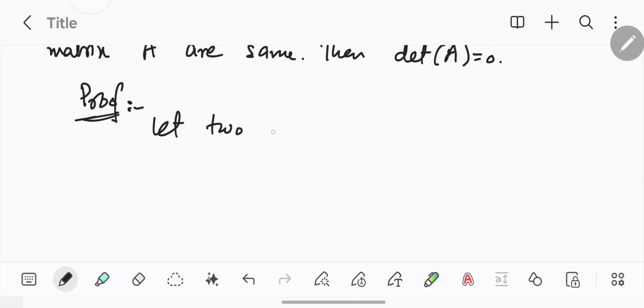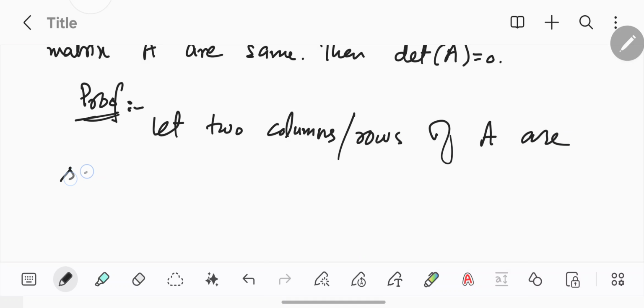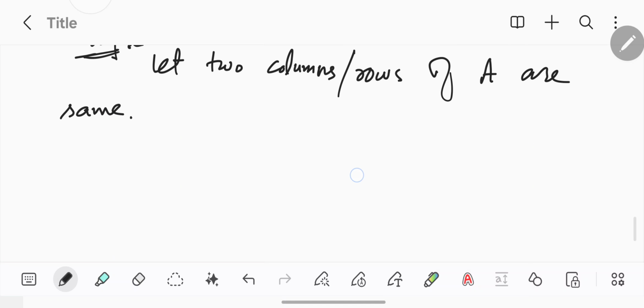Let two columns or rows of matrix A be the same, then we will prove that the determinant of A is 0.